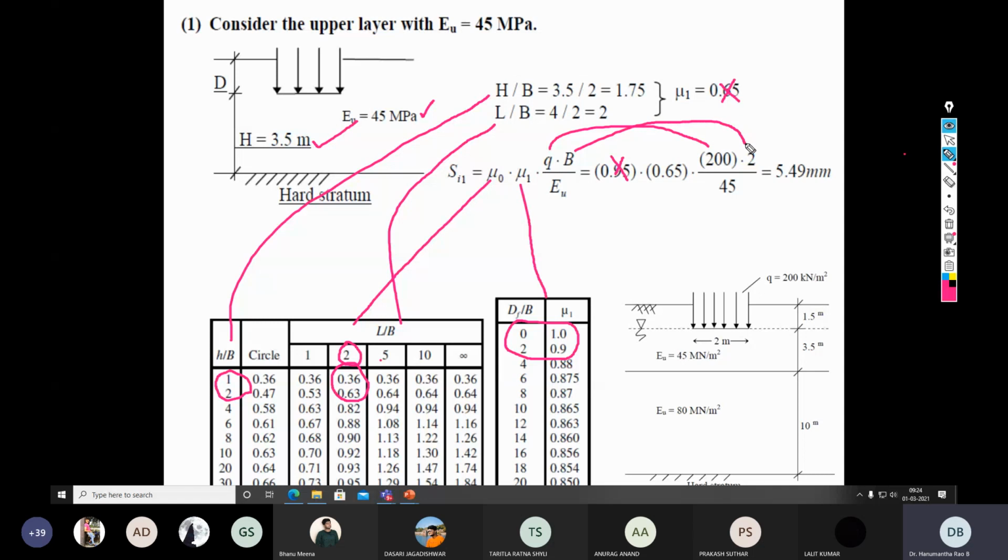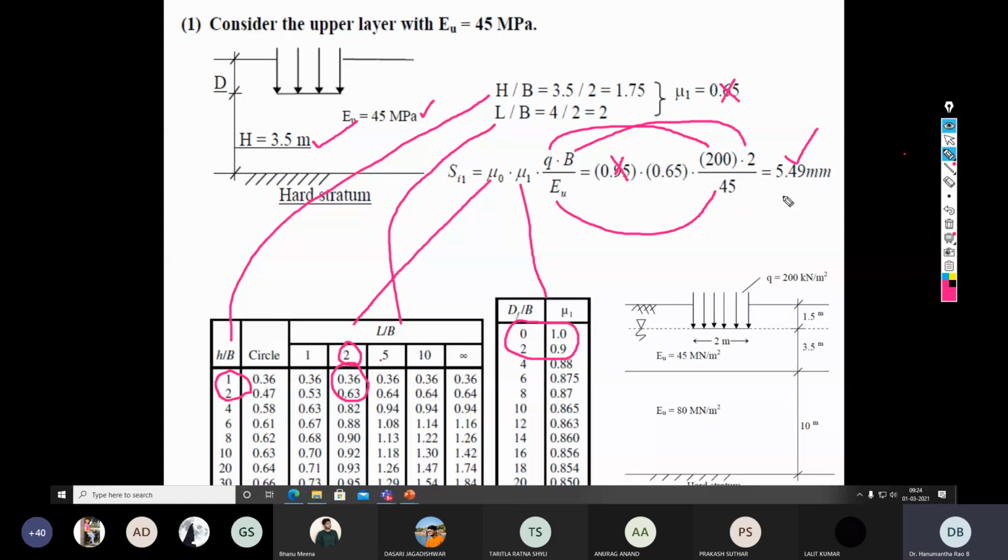Width of the footing is 2 meter. Eu is 45 megapascals. So substitute everything into this equation after calculating mu0 and mu1, and then calculate the value of the immediate settlement.